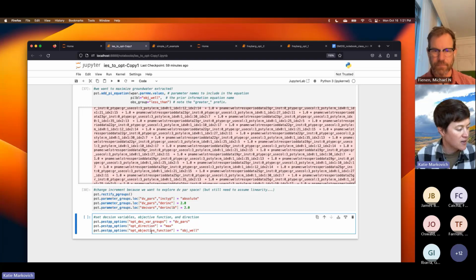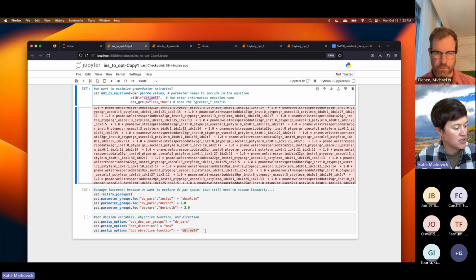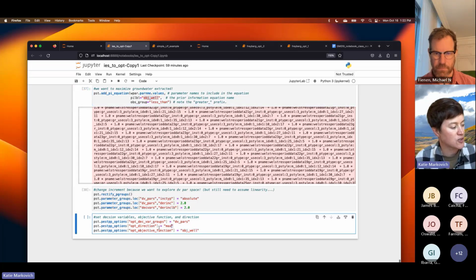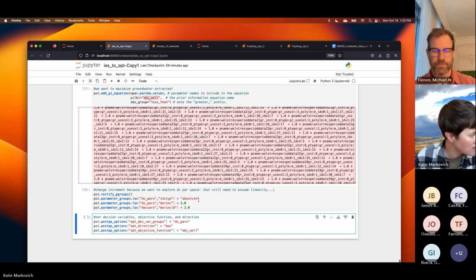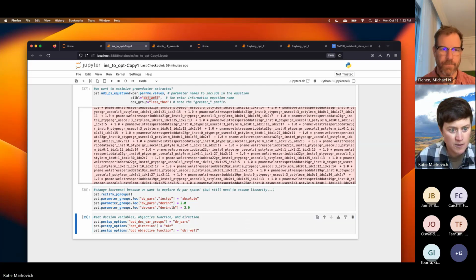And then this is that PEST++ option opt objective function. And then I give it that name of the prior information equation. So remember, we gave it that name up here. I'm just going to give it down here. And then we also have to tell it the direction, right? And again, I think we need to call it min. So that's everything we need, and we can actually run optimization.